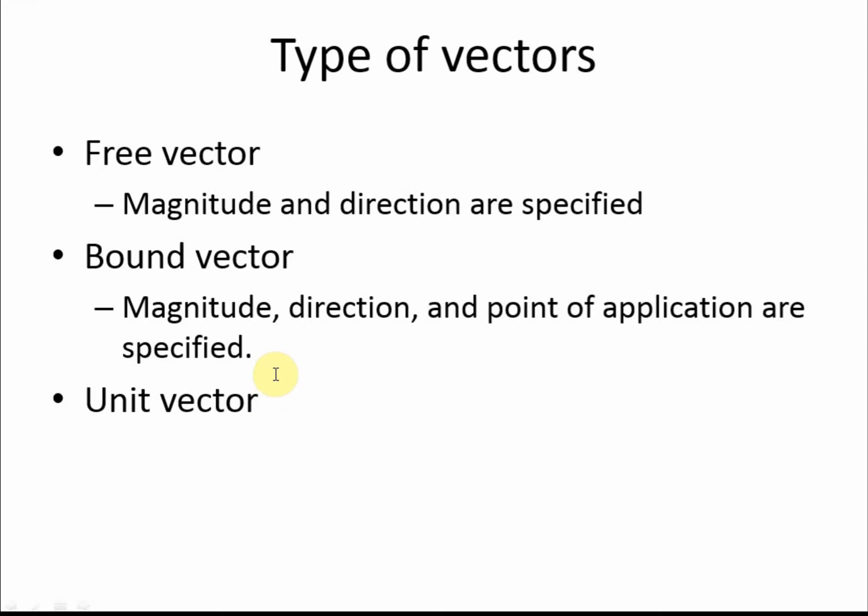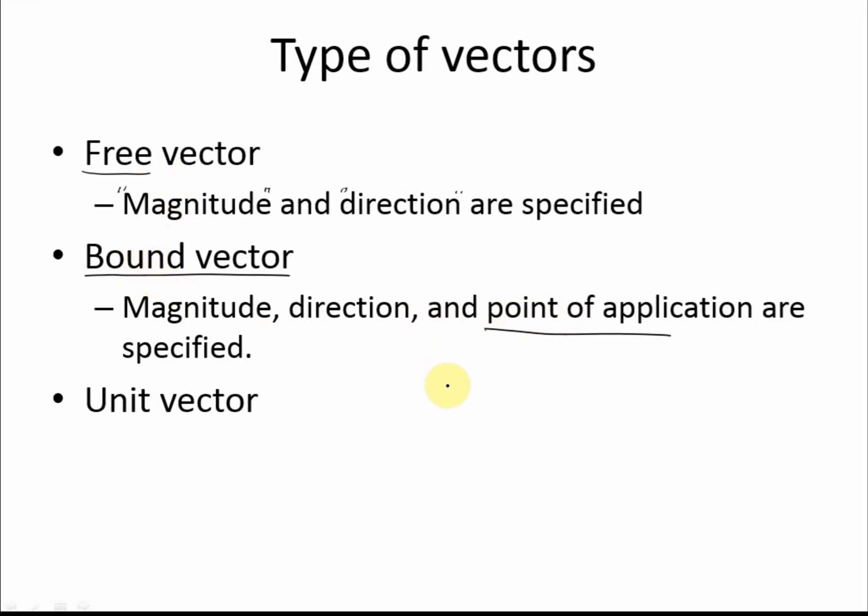Speaking of different types of vector, by default, when you say vector, that refers to a free vector. In the free vector, we just consider the magnitude and direction. But sometimes we include the point of application into the components of the vector. Then the vector becomes a bound vector.